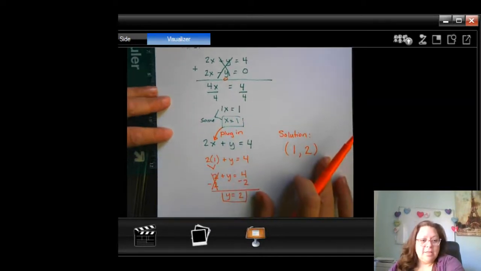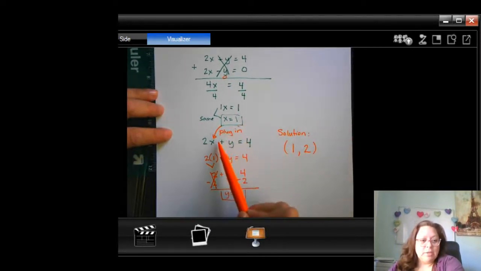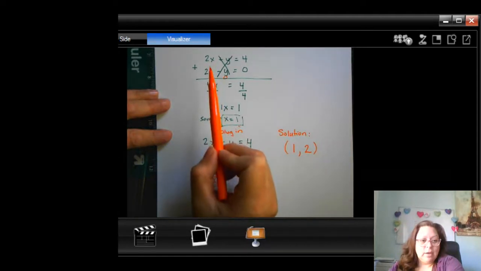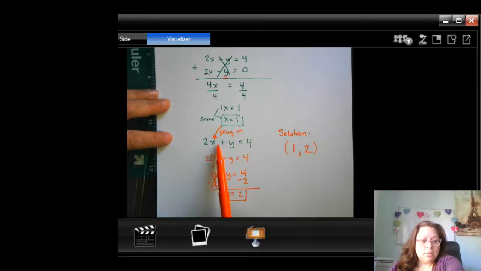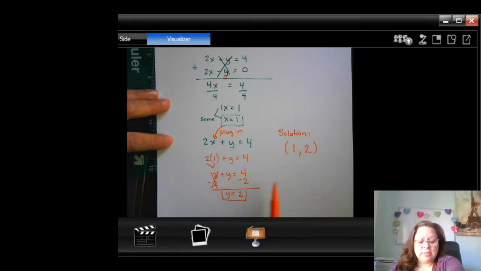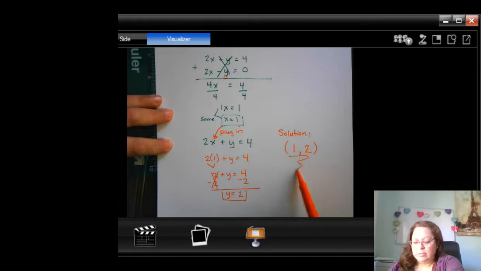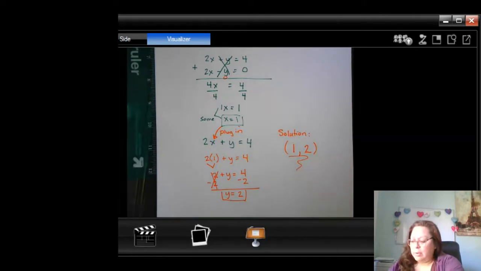Take x equals 1, substitute it into either of the two equations over here. I put it into the first one, so I substituted 1 there for the x. Once I do that, I solve for the y, and then I get my solution. This is my solution here. Let's do one more example of that.